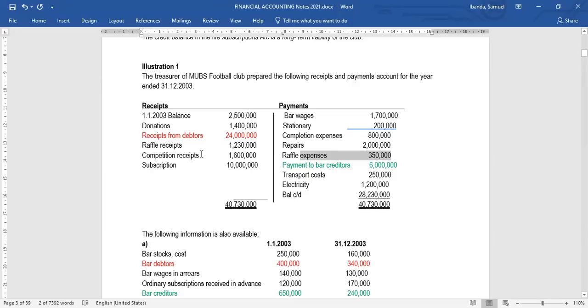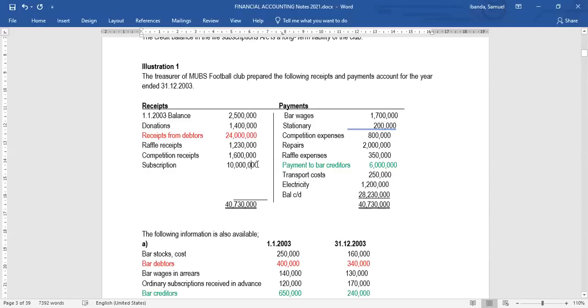Then we have the competition receipts. In the same way, I'll get this 160 for competition, less the competition expenses. So that is what I'll basically do.